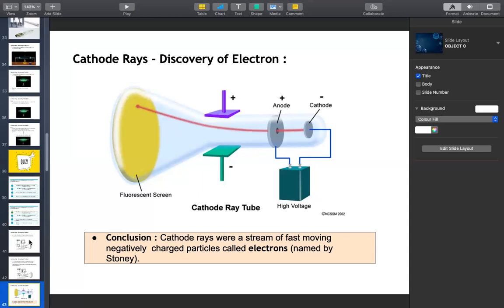Faraday's finding indicates that the atom has an electrical nature, because Faraday showed that if you pass 1 mole of electricity, it will give you 1 gram of hydrogen from water.